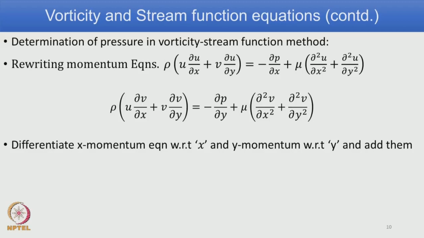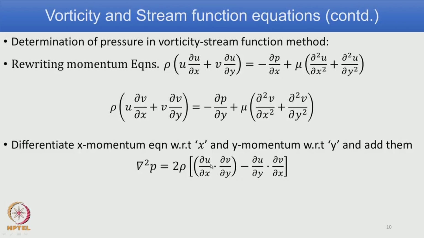I am not showing all the steps involved in the derivation. We get a term finally like this, which is del squared p on the left hand side and remaining terms on the right hand side.